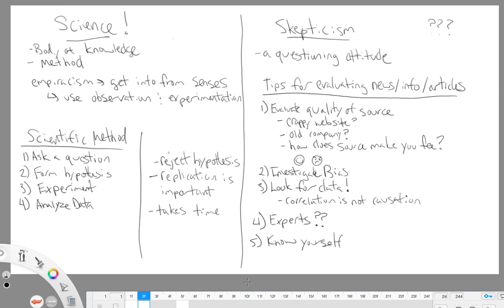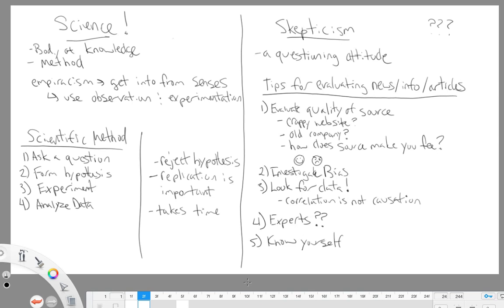Now, there's a couple important things to remember about science. One is that what we're doing is falsifying hypotheses, or rejecting hypotheses. It gets a little weird, but essentially, instead of proving that this is what happened when we do an experiment, we are proving that there is some sort of difference.